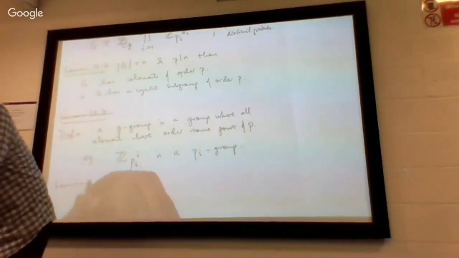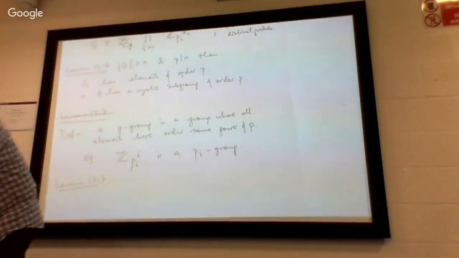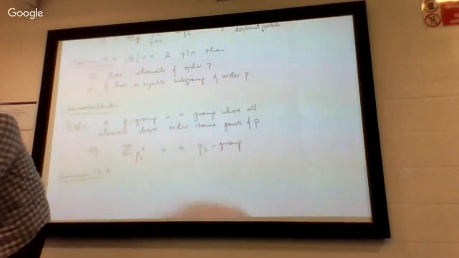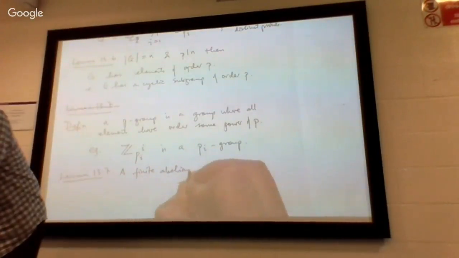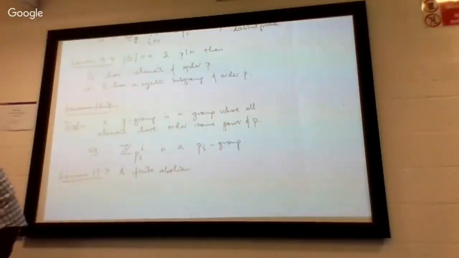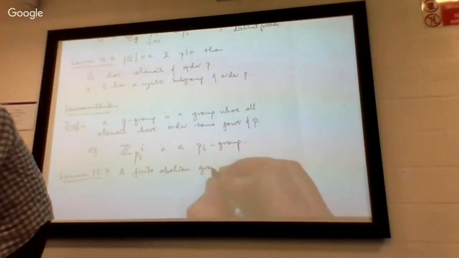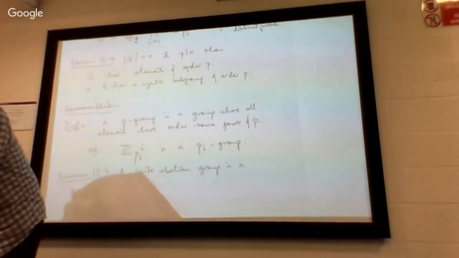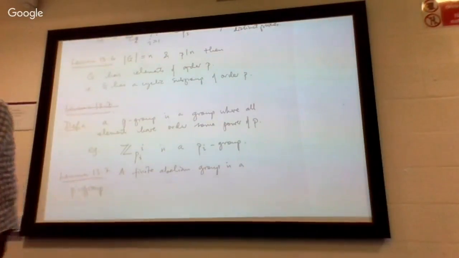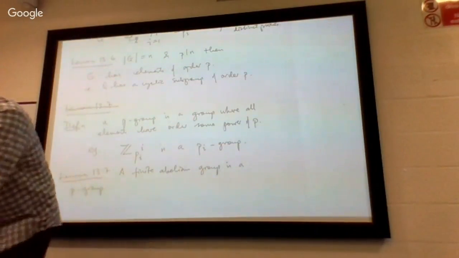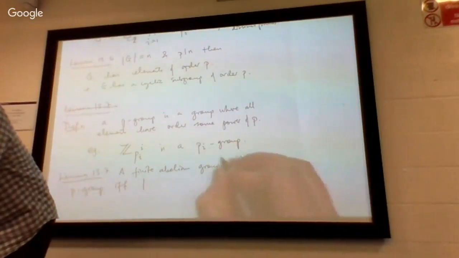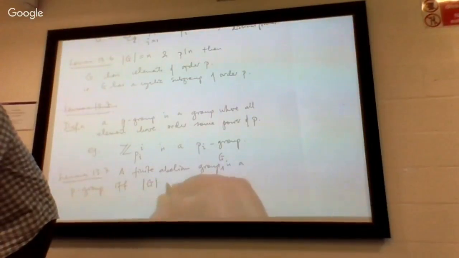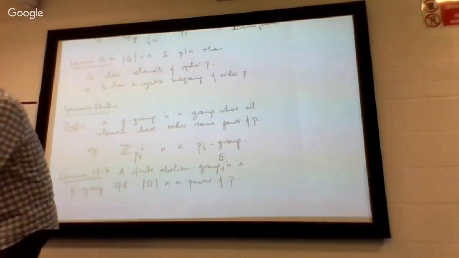So that's the definition. Lemma 13.7 says a finite abelian group G is a p-group, every element in it has order some power of p, if and only if the order of G is a power of p itself.